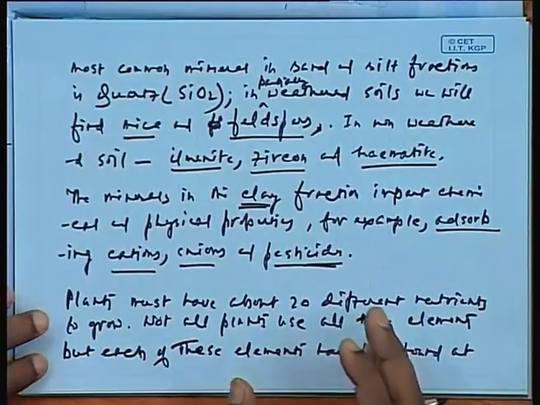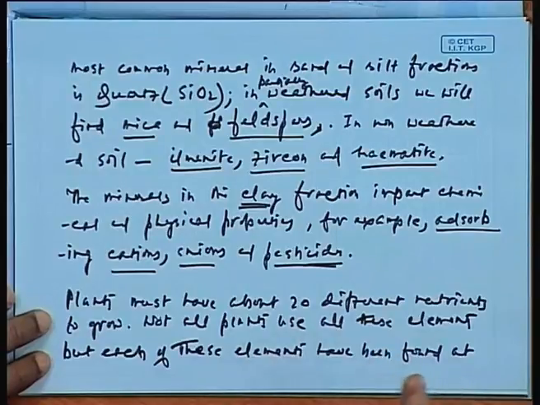What it means is that there are 20 different nutrients plants need to grow, but all plants do not need all 20.